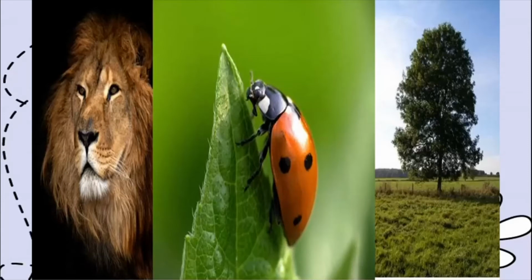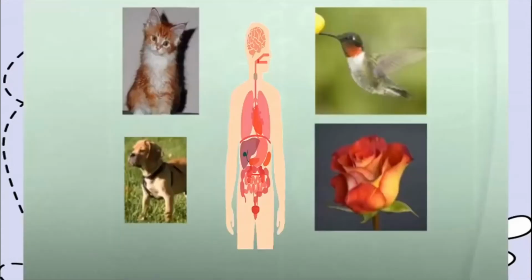And they have more than one cell. So they are all multicellular organisms. See here, the cat that you see in your area, the dog, the birds around you, the flowers around you, even the human body, our body. All these are multicellular, meaning they have more than one cell.